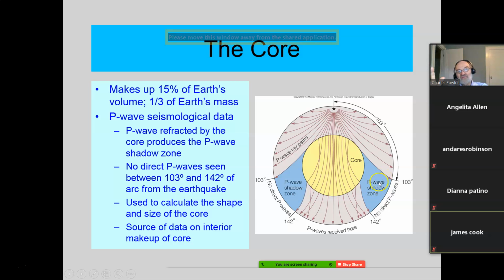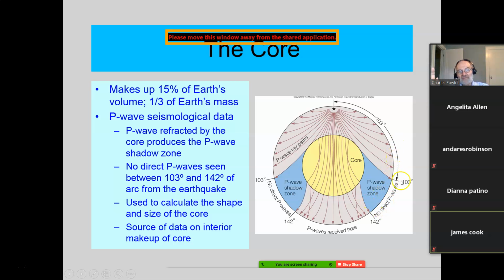That means there is a range here between 103 degrees from the epicenter of that earthquake, we'll talk about that term later, down to here, that's more than halfway around the globe. 90 degrees would be here, so it's more than halfway around the globe. All of a sudden, no more P waves. You see P waves here?